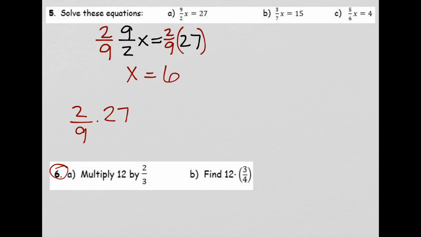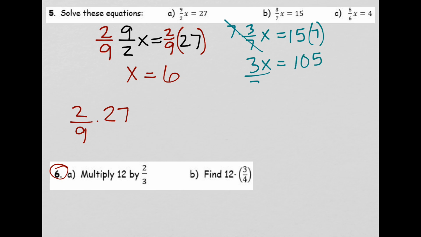Okay, so let's go look at B and do B a different way. Let's do this one in 2 steps. It starts with 3/7 times x equals 15. Let's just start by getting rid of the fraction. Let's undo the division by 7 by multiplying both sides by 7. 7 times 3/7 is just going to give me 3x, and 15 times 7 is 105.